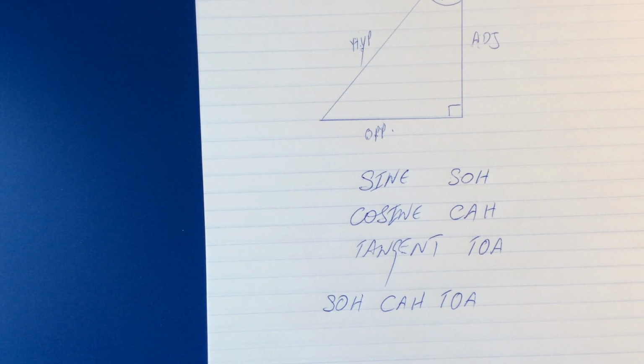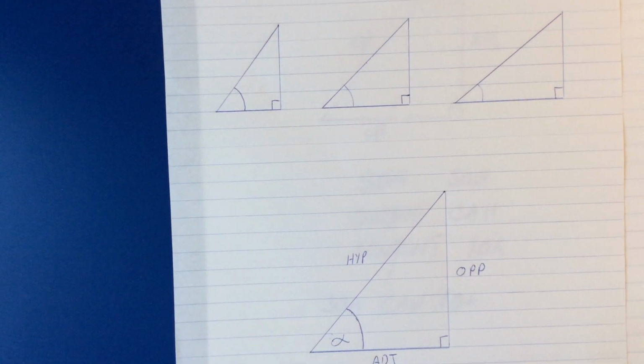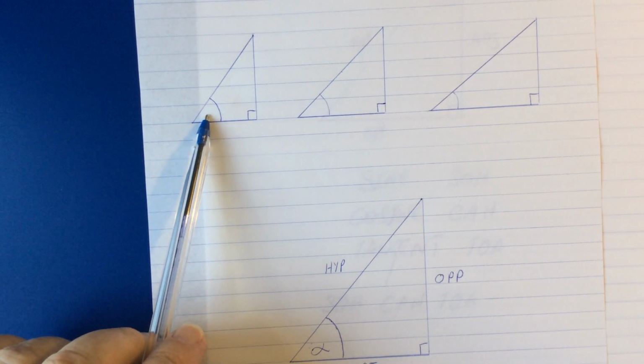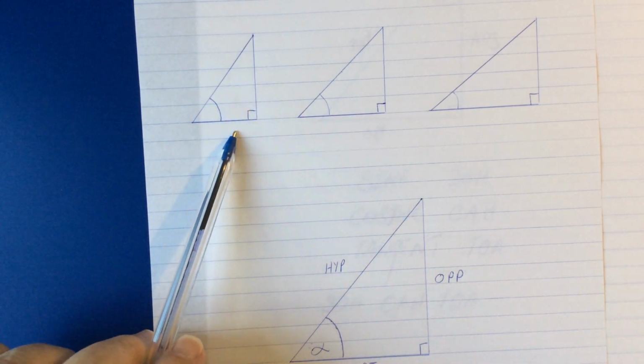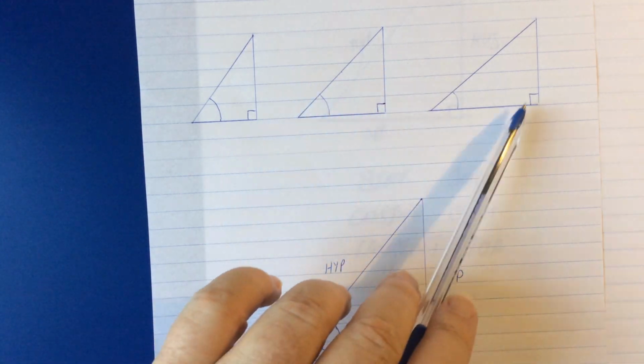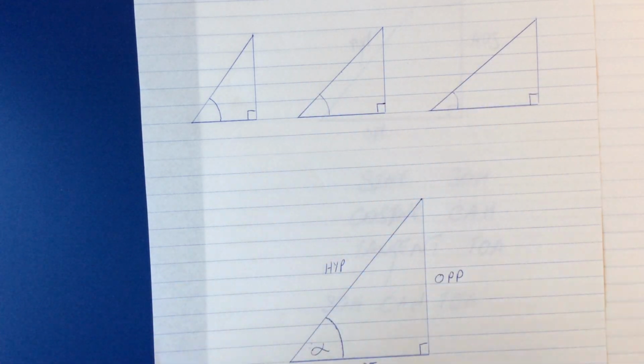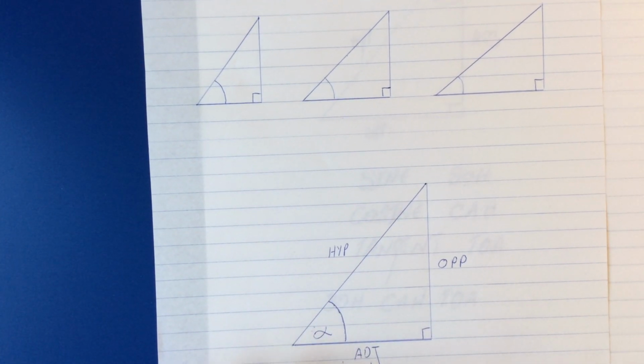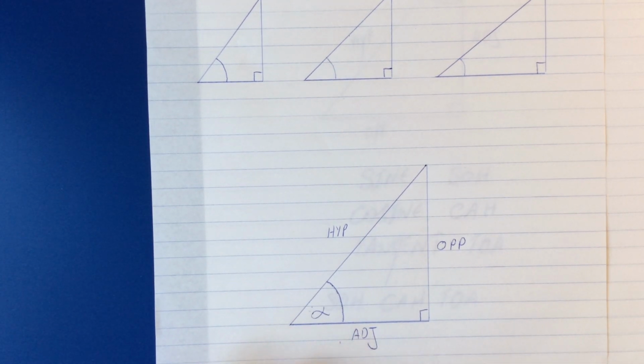So what is it that you should be getting out of this video? Let's go back to first principles, that there is a relationship between the size of an angle and the size of lengths in a right angle triangle, because that's what you're going to be dealing with first. It's true for all triangles, but you're going to be dealing with right angle triangles first.